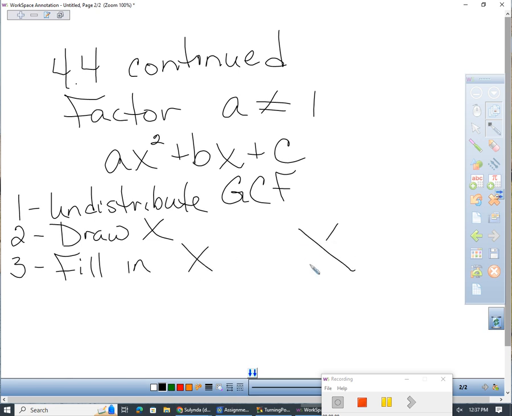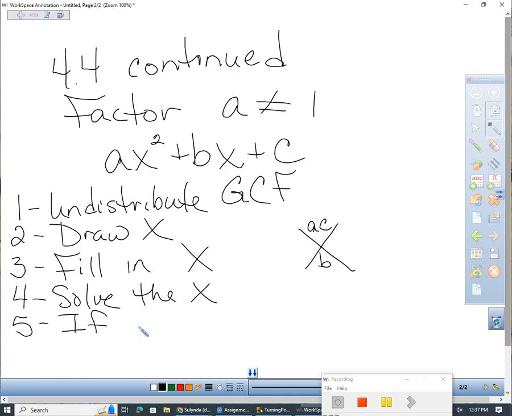Remember, when we fill in the x, it's a times c on top and b on the bottom. Step 4, we solved the x. And step 5, if a equals 1, write your factors.